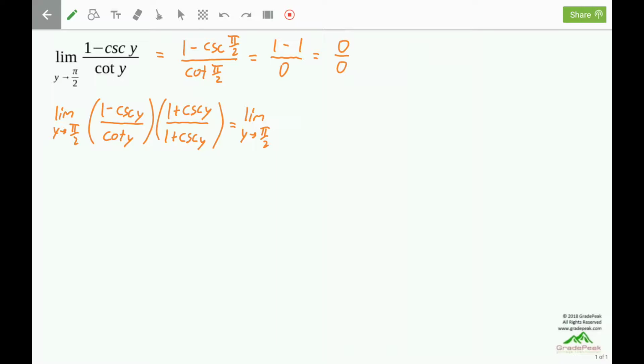In the numerator, we have a trig conjugate pair. We're going to FOIL that out. First, 1 times 1 is 1. Outside, 1 times a positive cosecant of y is a positive cosecant of y. Inside, negative cosecant of y times 1 is negative cosecant of y.